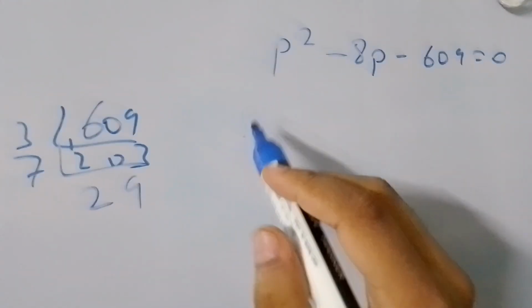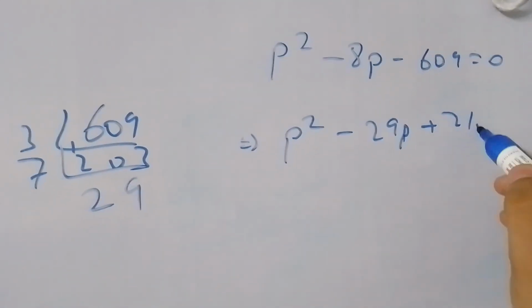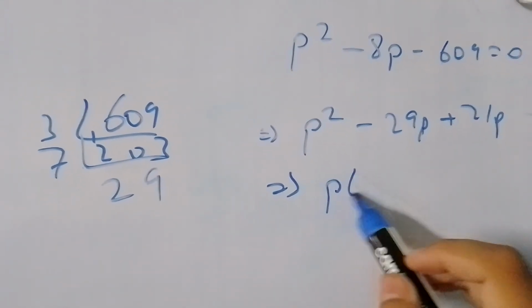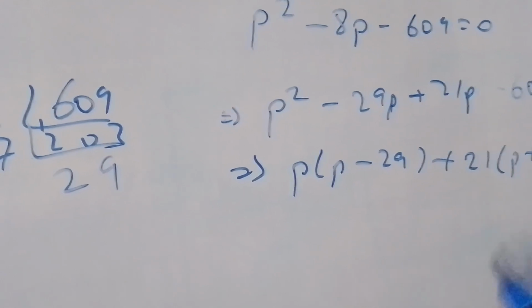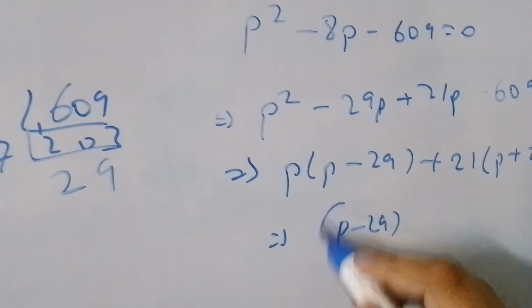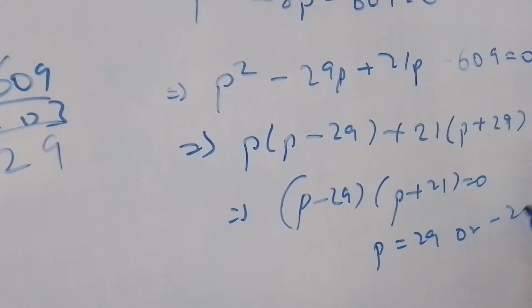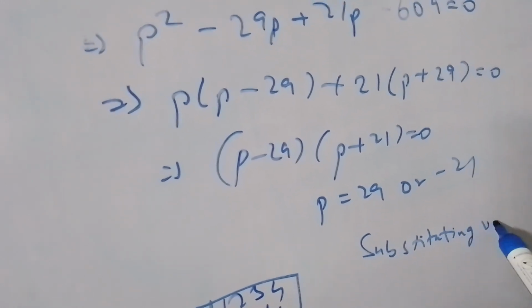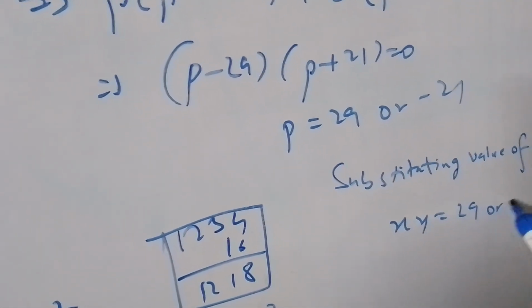So it will be 7 times 3 is 21. So xy would be 29 or minus 21.